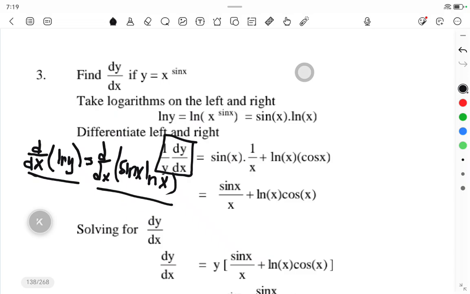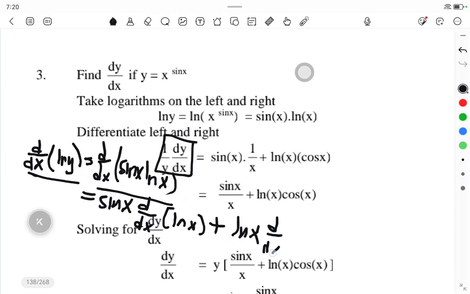I'm sure we know the product rule: whenever given two functions containing the variable of interest, which is x, we must use the product rule. I keep sine x first, then I derive ln x, plus now I keep ln x, and then I derive sine x.